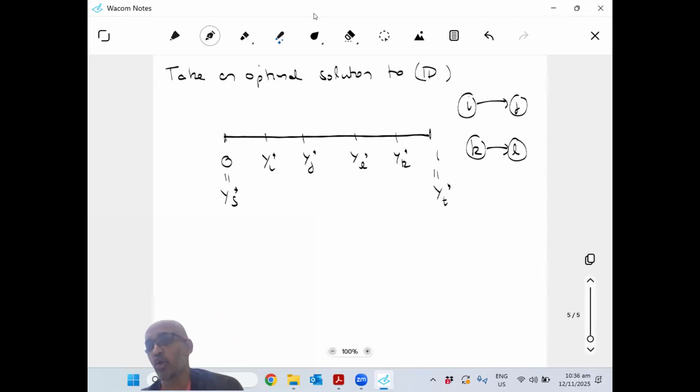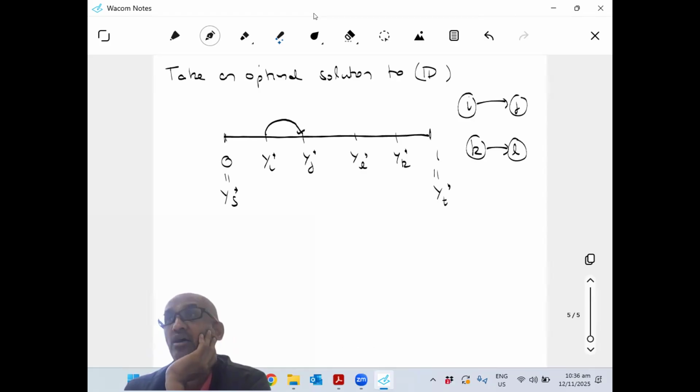I don't know what the relationship between yi and yj is, but let's say there is an arc going from i to j. This is a forward arc. Or there's an arc going from k to l, but yk is greater than yl. So there are some forward arcs and there are some backward arcs.